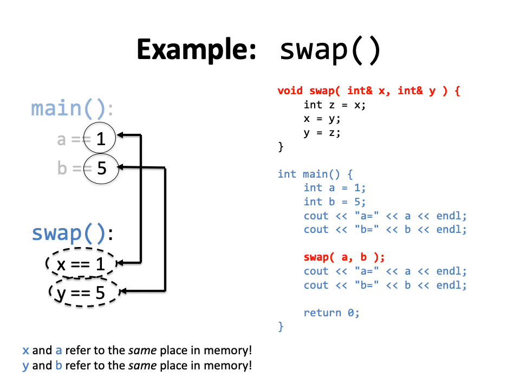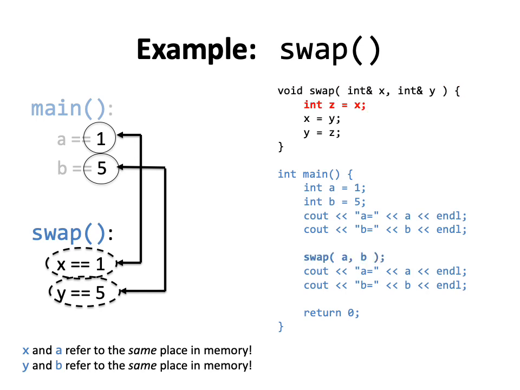This is kind of the same as before. The big difference is that before, a and x were totally separate variables. They were copies, like clones of each other. Here, we have x and a being two different names for the same variable in memory. And b and y are two different names for the same variable in memory as well.